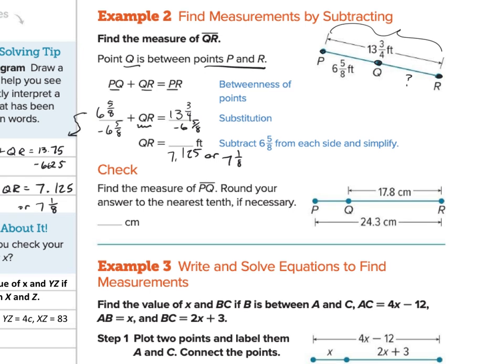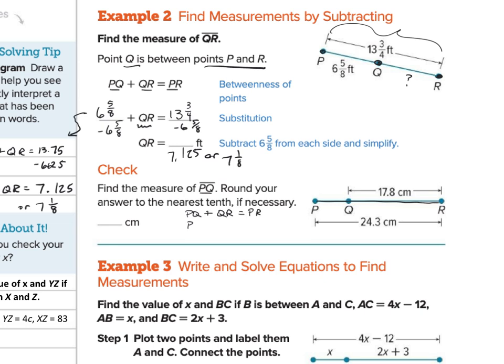So to begin this, find the measure of PQ. Round your answer to the nearest tenth if necessary. We can see that we have a segment, so I should know that by definition, PQ plus QR is equal to PR.